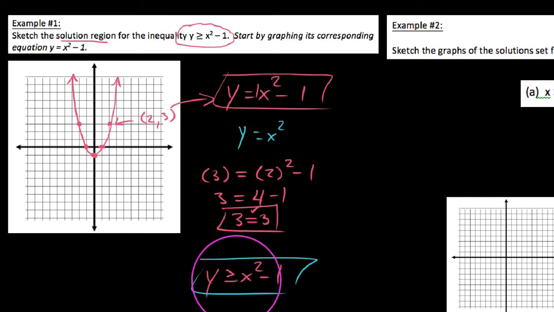There are many more points that satisfy this than would satisfy just the equation, which is all the points on this curve. You could think of this graph as a boundary line, a boundary that separates one side of the solutions from the other. So we say y is greater than or equal to x squared minus 1.